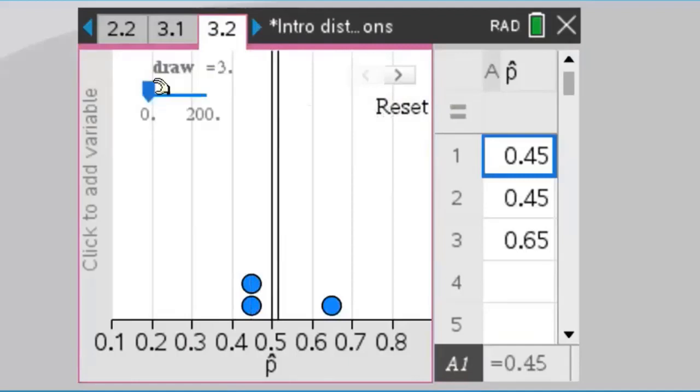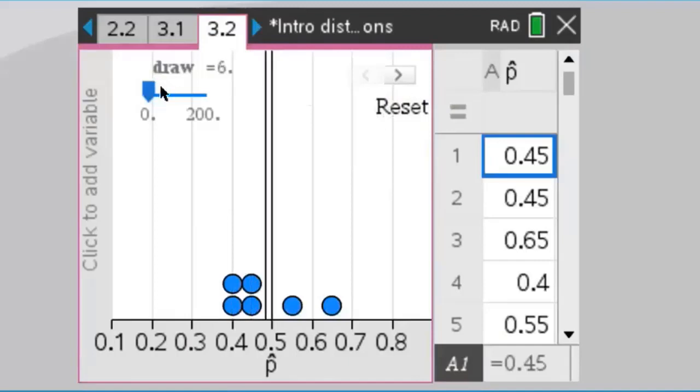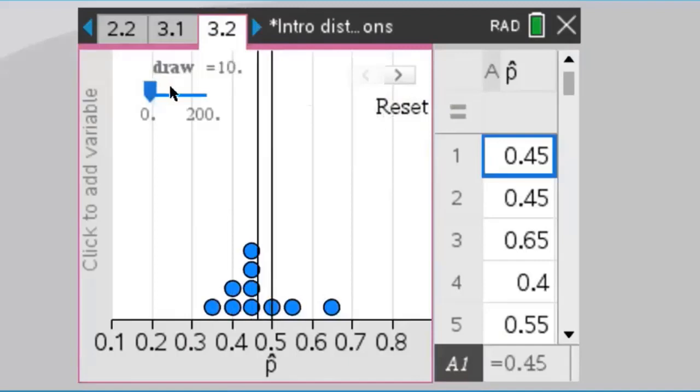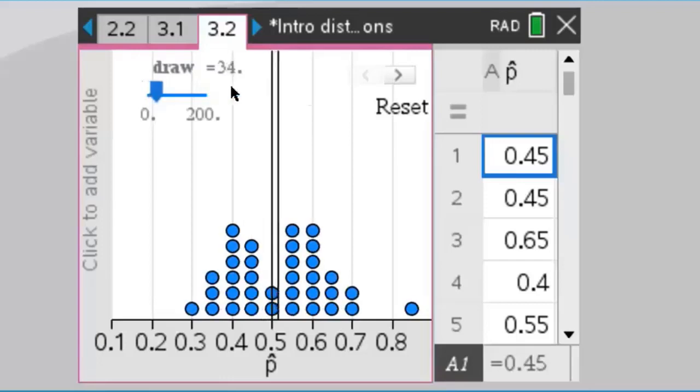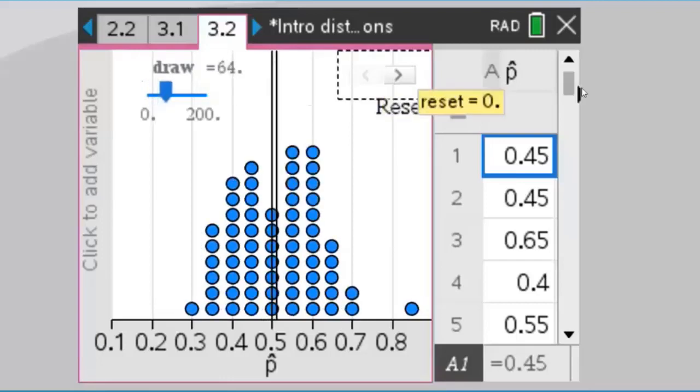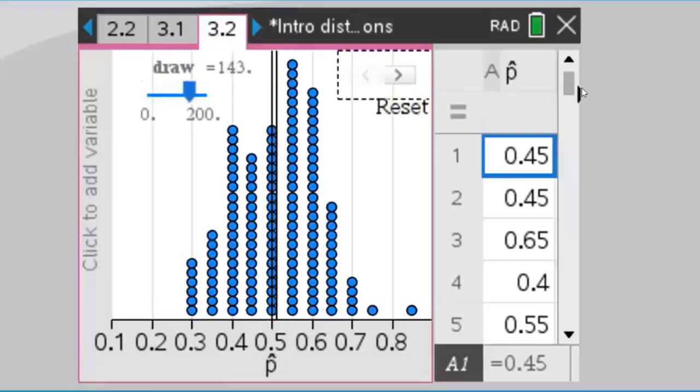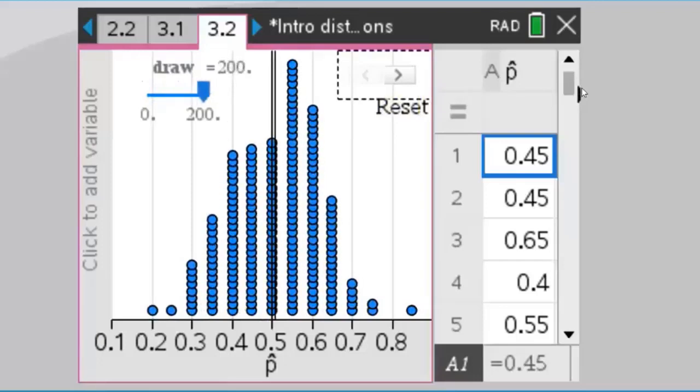And as I select more samples, I can see that the mean of the sample proportion jumps around a bit. Okay, so I'm getting more and more samples. I'll speed this up. And students can see a distribution emerge.